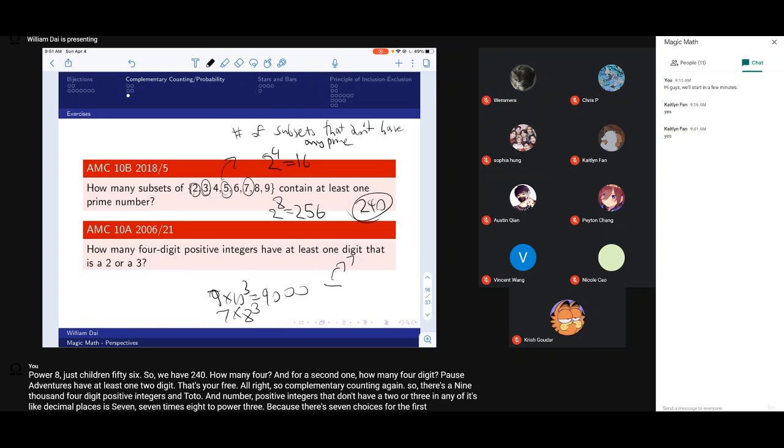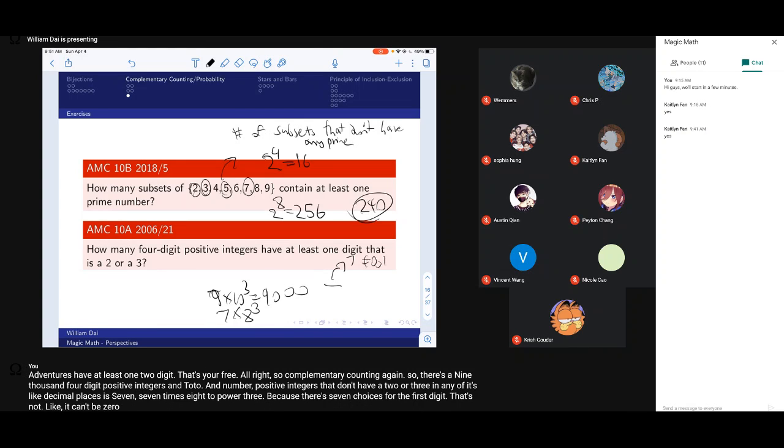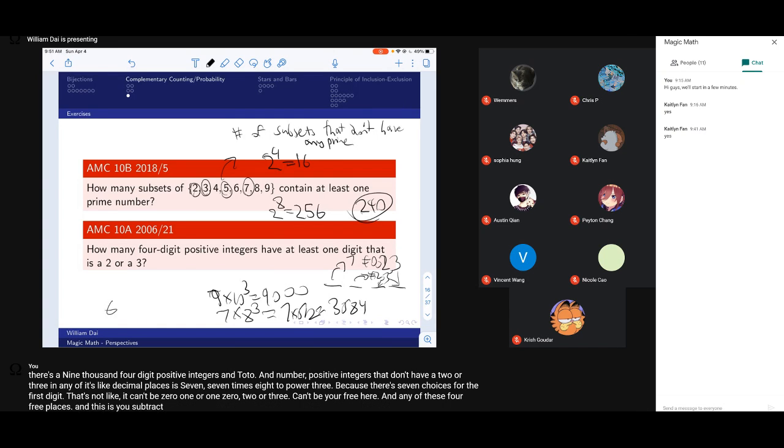It can't be 0, 2, or 3. And it can't be 2 or 3 in any of these 3 places. And you subtract to get the answer.